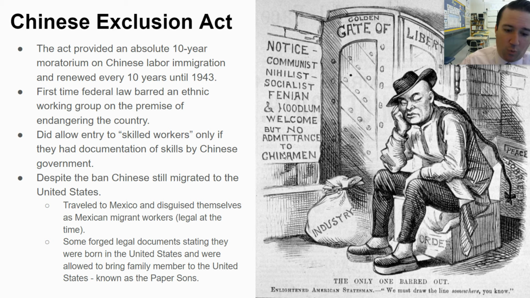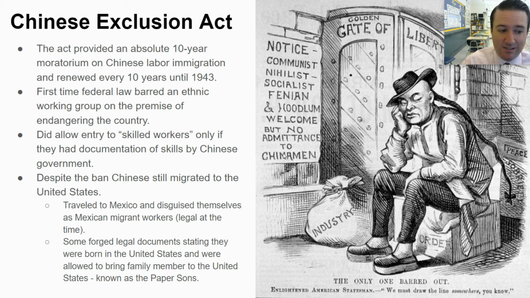Many of them would also forge legal documents stating that they were born in the United States, which allowed them to participate in something like chain migration, where they could bring back their sons or other family members from China. Because they forged these documents, they were allowed to legally immigrate.